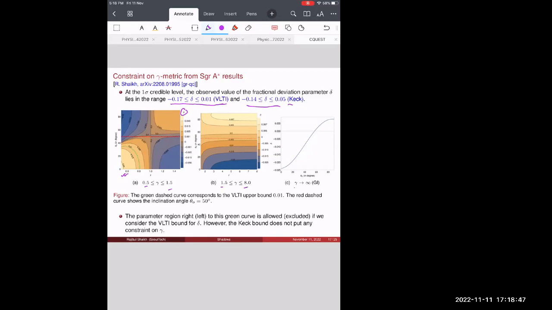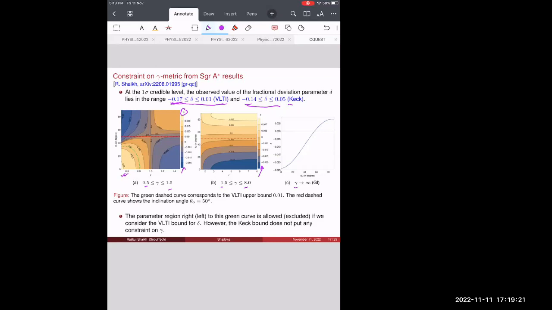And in this plot I have shown it for the gamma GI space-time. On the lower side, for the VLTI bound, delta should be greater than minus 0.17, and for Keck it should be greater than minus 0.14. Note that in our case, delta is always greater than the lower bound.